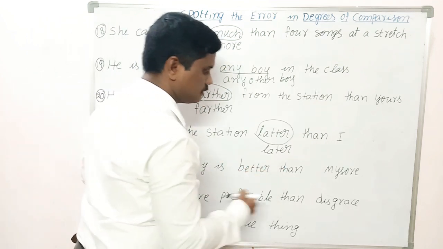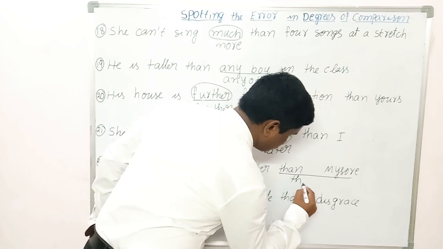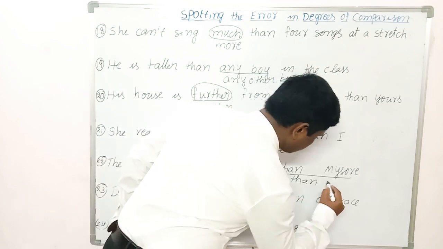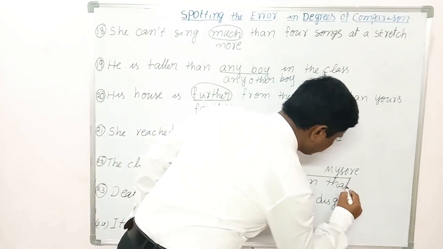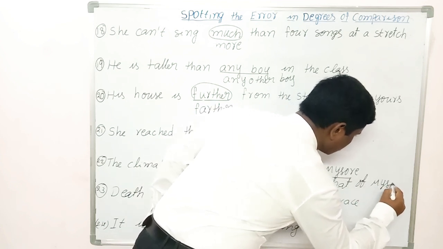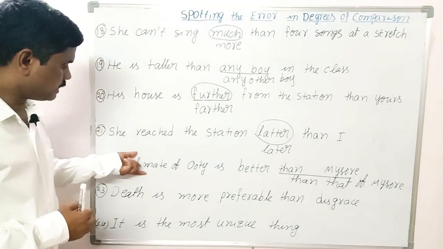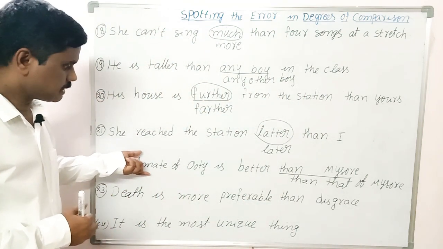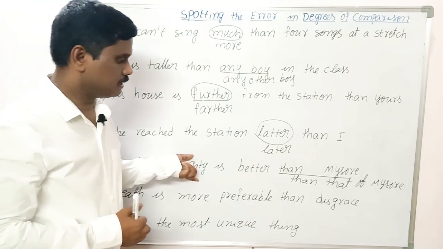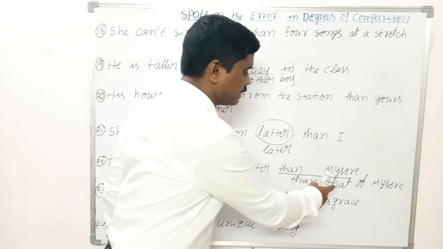After than, here it is wrong. After than, we use that of Mysore. Here once again listen. When we compare singular, the climate of Ooty is better than that of Mysore. Here that is singular.